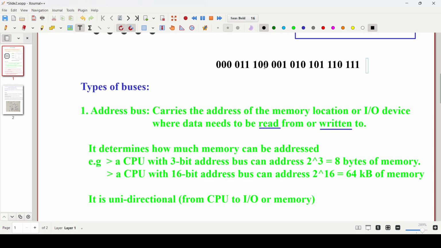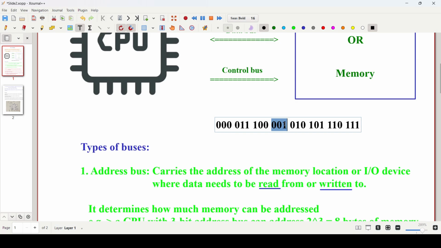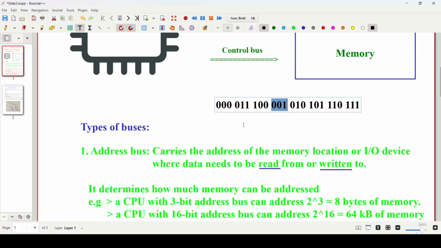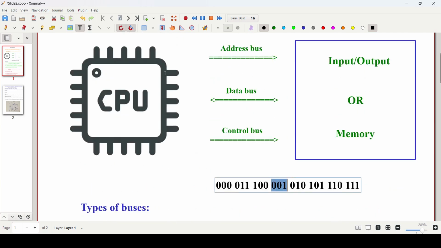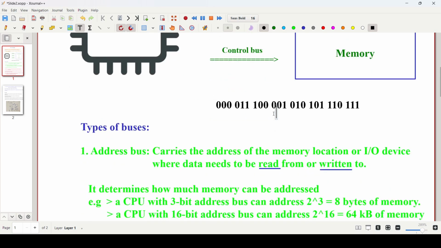Suppose the CPU wants to fetch 001. Basically it is an address. Suppose the CPU wants to fetch the data present at this address 001. The CPU will load this address on the address bus, and the data present at this address will be given to the CPU.